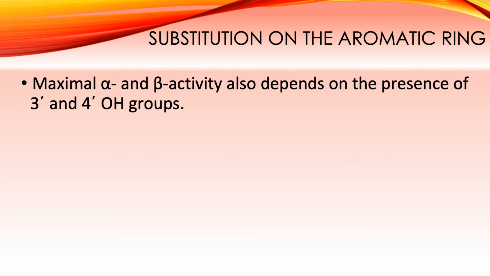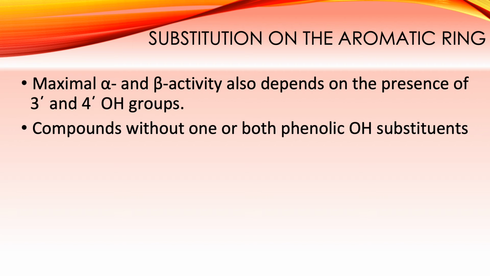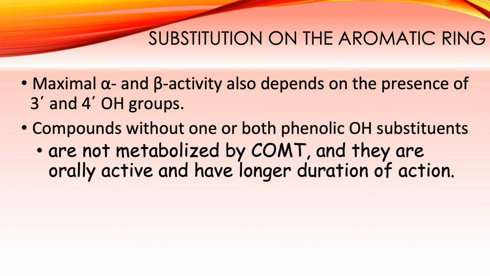So moving forward, as a recap, substitution on the aromatic ring will provide maximal activity if our hydroxyl is attached in 3 and 4. So it depends on the presence of hydroxyl in the 3 and 4 positions. Compounds without one or both phenolic hydroxyl substituents can be metabolized by our COMT, and that will affect the duration of action and the oral bioavailability.